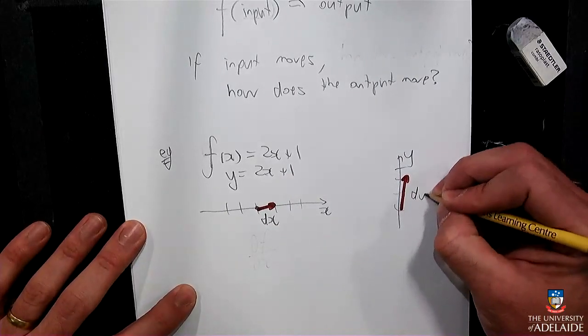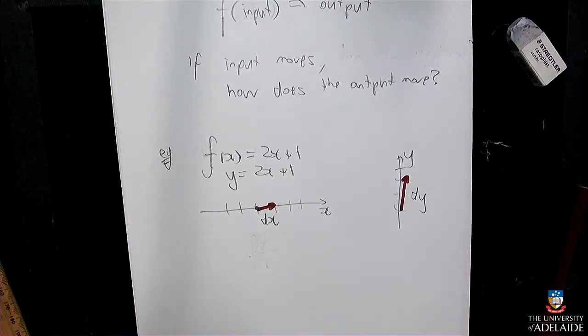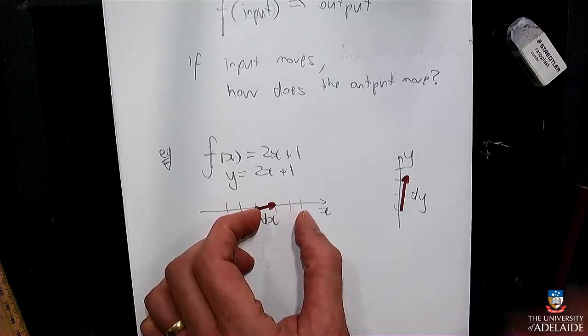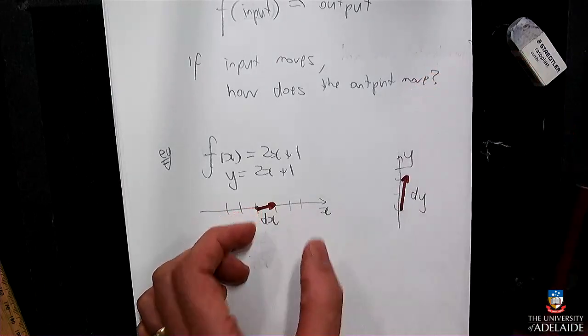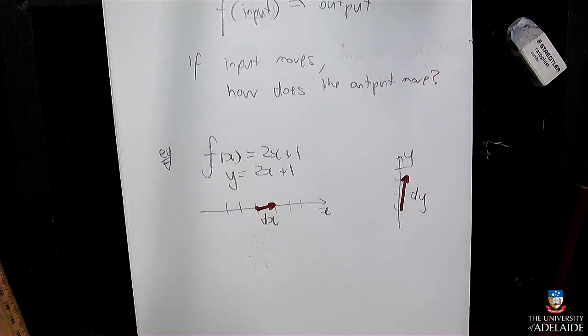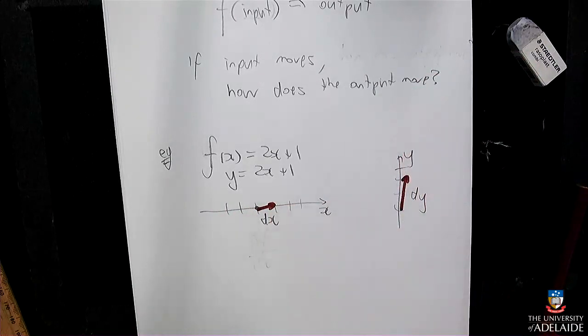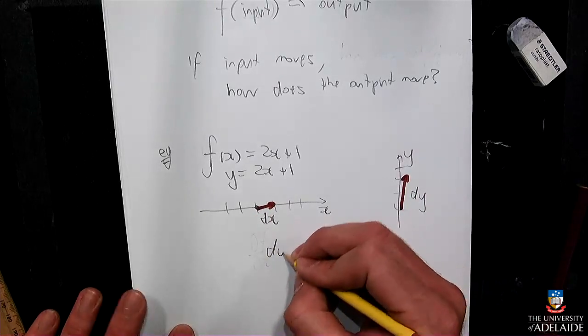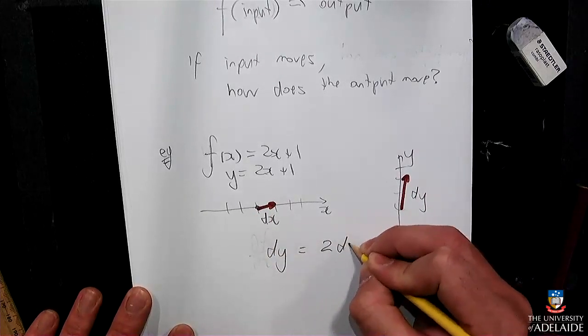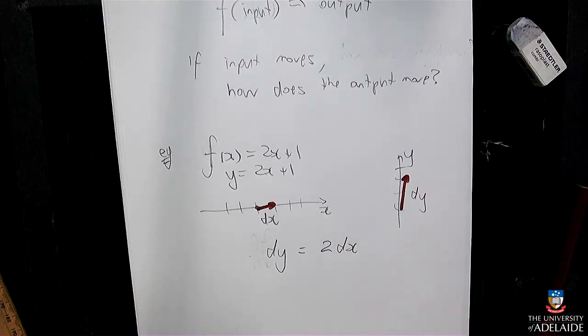And this is a difference in y. And so with a straight line, the longer this is as well. If I move 1, then the change in y will be 2. If I change x by 2, the change in y will be 4. And so I'm thinking that the change in y is always 2 times the change in x. That's how a straight line works.